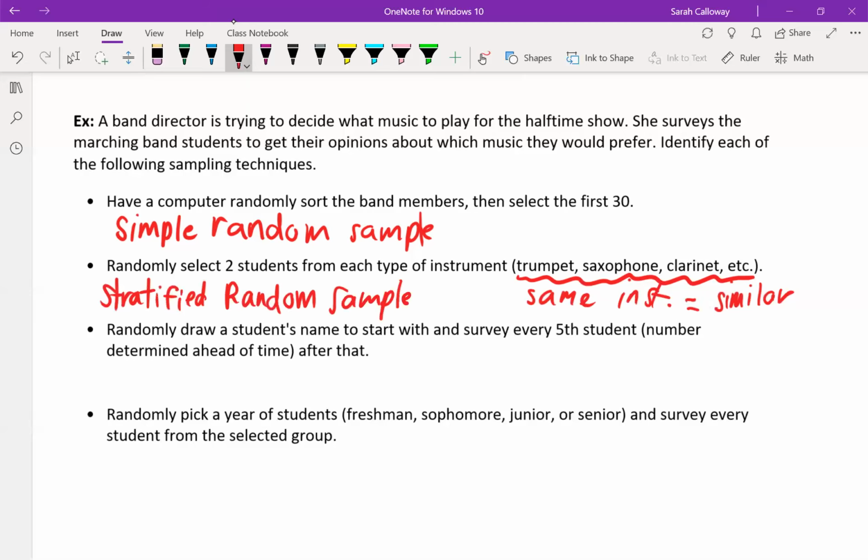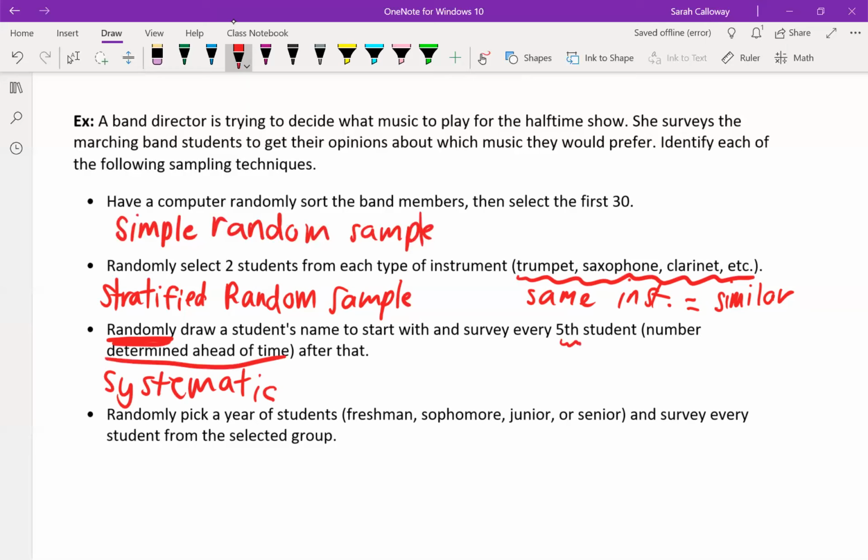The next one, I'm going to randomly draw a student's name to start with, and then survey every 5th student. The number was determined ahead of time after that. So these are the key components to a systematic random sample. In order for it to be systematic, I have to randomly somehow select the first person, and then I have to take every such and such a number that was determined ahead of time.